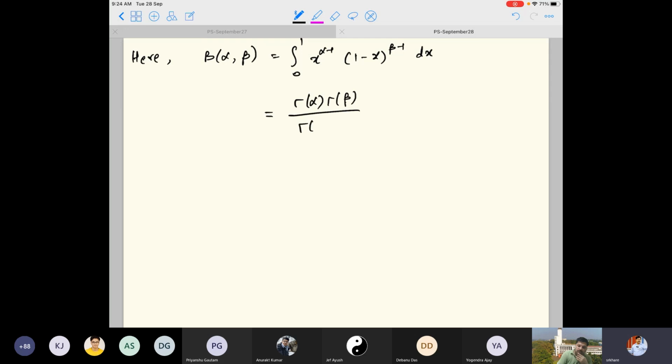So if you want to call this B of alpha beta, it is the integral from 0 to 1 of x to the power alpha minus 1, 1 minus x to the power beta minus 1 dx. It's the normalizing constant, and it is given as gamma alpha gamma beta divided by gamma alpha plus beta. So that is the value of B alpha beta.